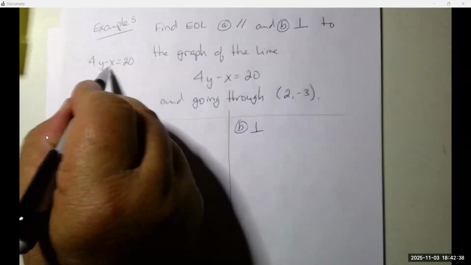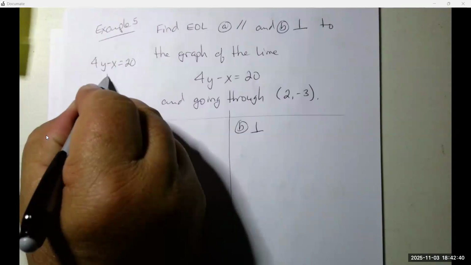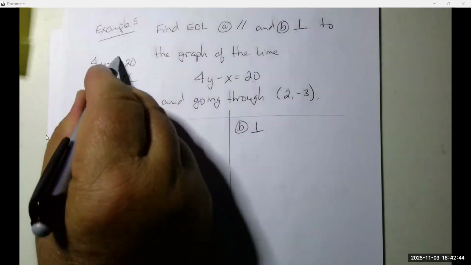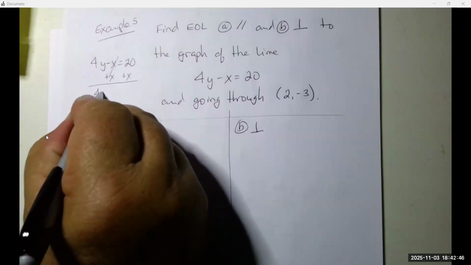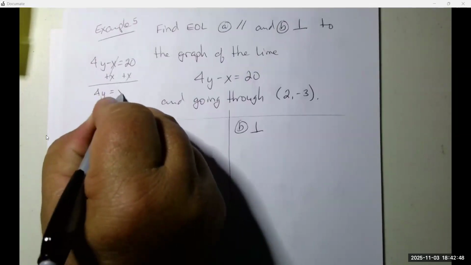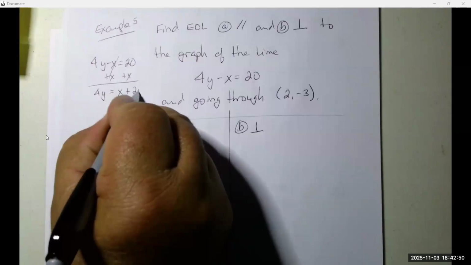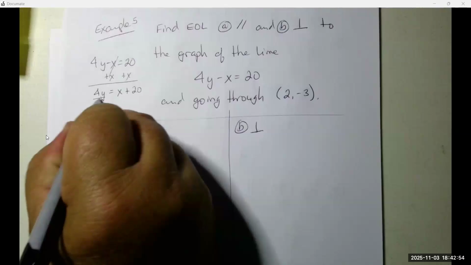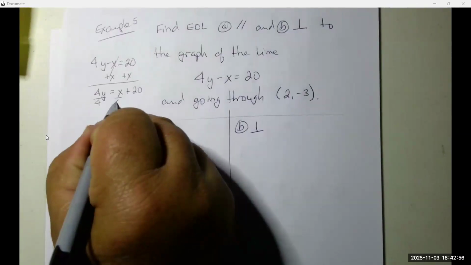We're solving for y, so we have to get rid of the x first. So we add x to both sides. So we have 4y equals x plus 20. Then we divide all three terms by 4.